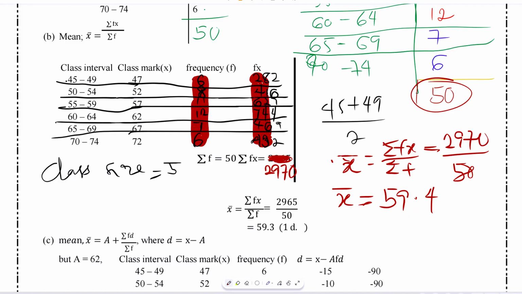If you approximate to a whole number, X bar is equal to 59, because the data is still 50 there. But don't write this. So this is the correct answer you should have: your final answer should be 59.4, not 59.3.